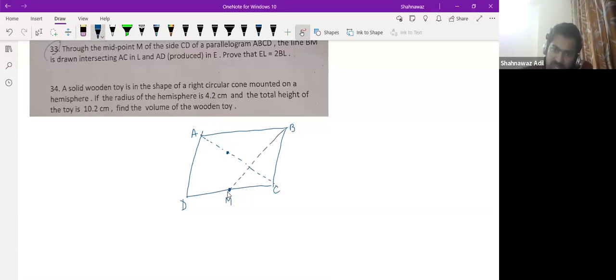And we have to extend this, and this is cutting AD at E. And this is L, right? So this is the question. This is L, this is E, and this is the midpoint.